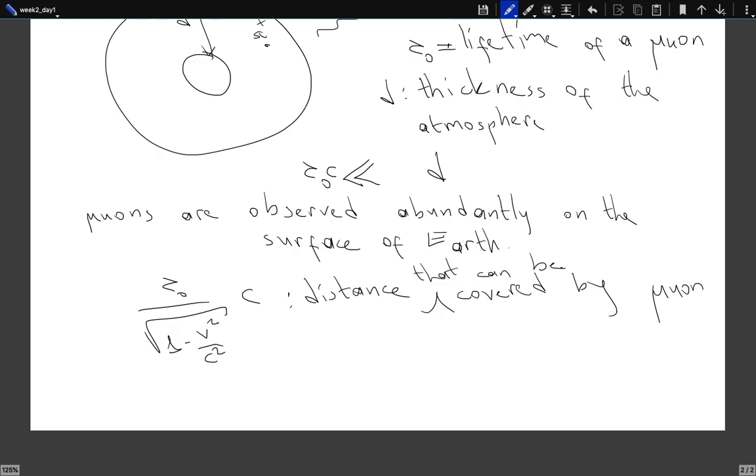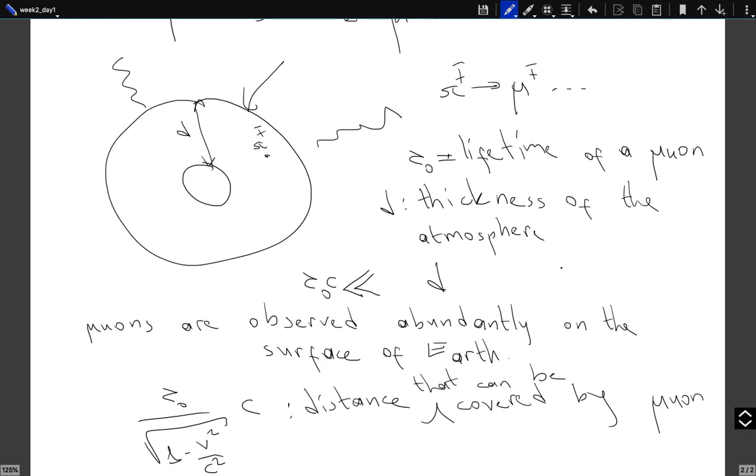Now let's imagine what the observer, if there was an observer moving with the muon, would see. There won't be any time dilation. So the muon will die in 10 to the power minus 10 seconds. At the same time, the atmosphere is moving past the observer.